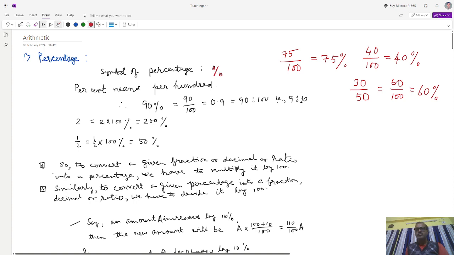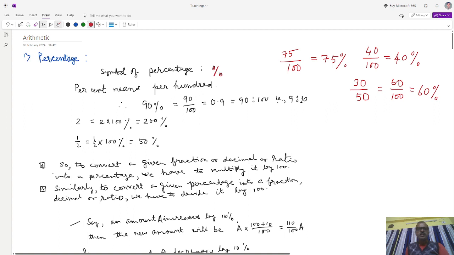So we have seen that what a student scored within 100, this is his percentage of marks. Okay.